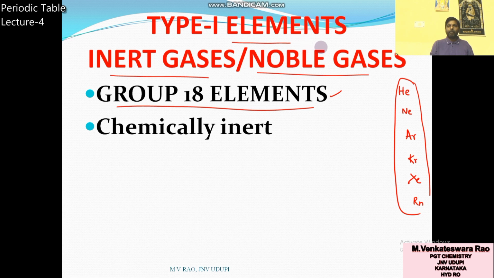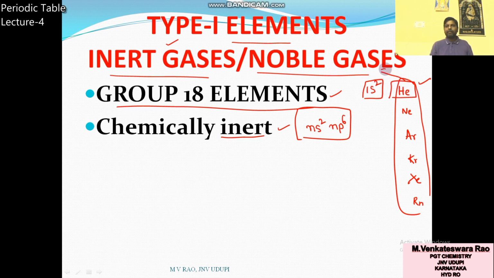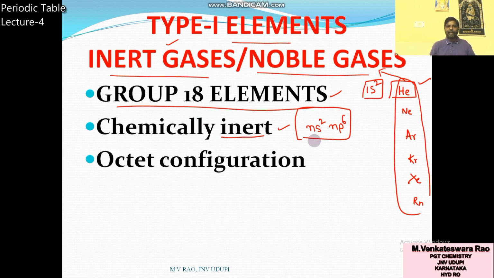You know these are chemically inert because of stable octet configuration, ns2 np6 configuration. This ns2 np6 configuration is not there for helium. Helium has only 1s2 configuration, even though it is a stable noble gas. So all these elements are chemically inert because of stable octet configuration.